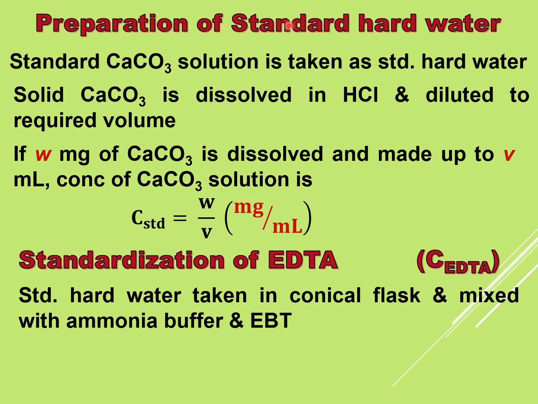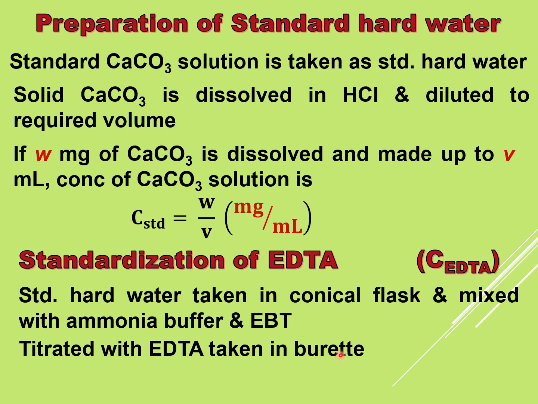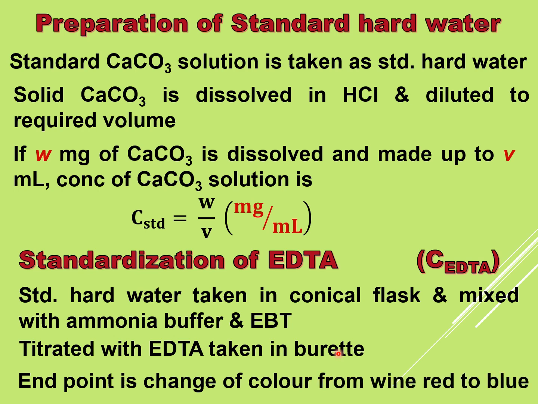So this standard solution, hard water, a fixed volume, is taken in a conical flask mixed with ammonia buffer and indicator. We get a wine red color. It is titrated with EDTA taken in the burette. End point is change of color from wine red to blue. Okay, so color will change from wine red to blue. That is the end point.